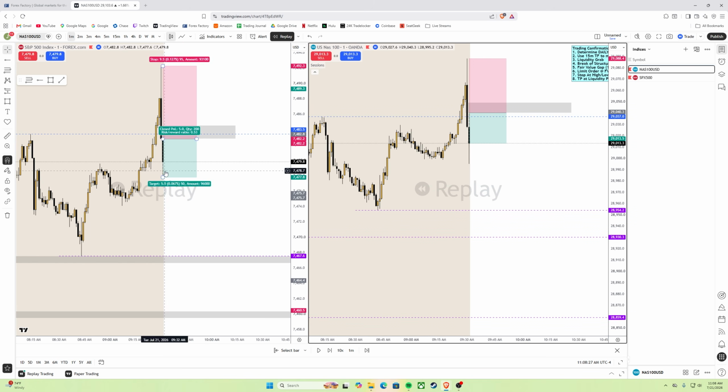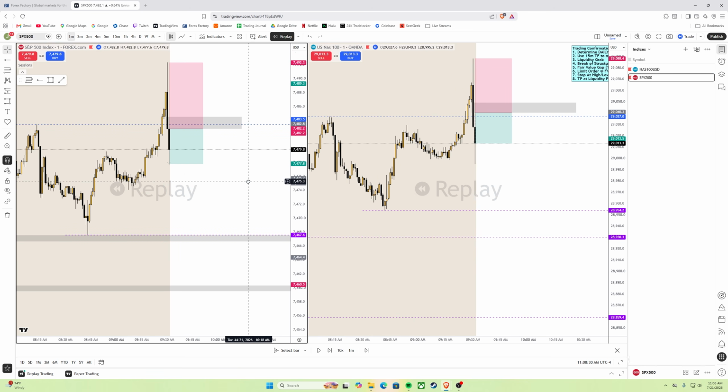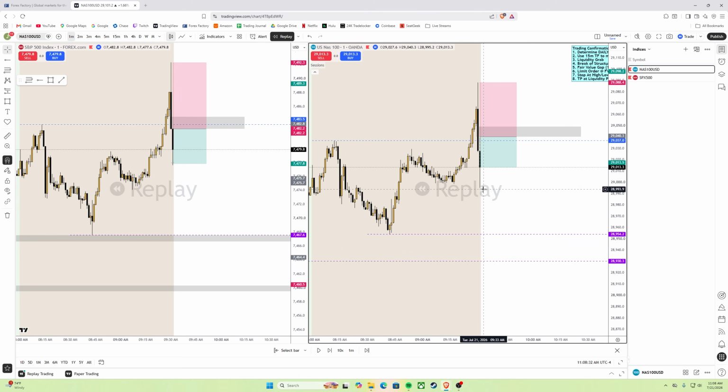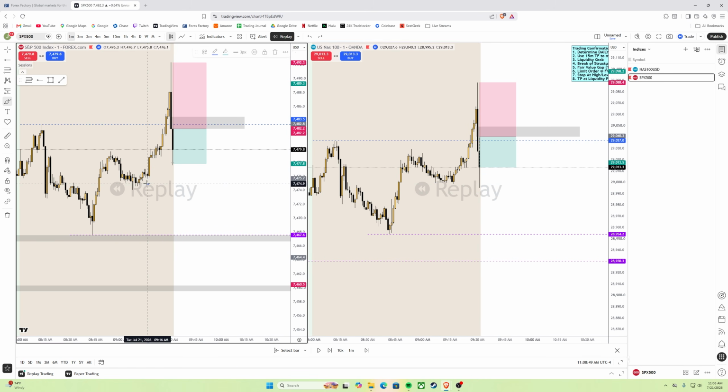So here's an example of what I mean. If you look at the NAS, this bearish candle right here, you can see this wick cleared this liquidity. You see it went under it. So out of these two pairs, I'm preferring the S&P because these lows are still intact with the S&P.